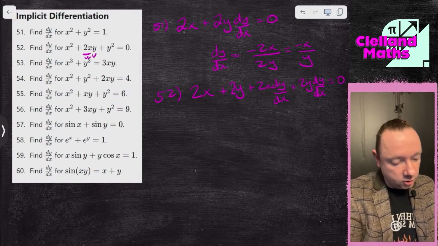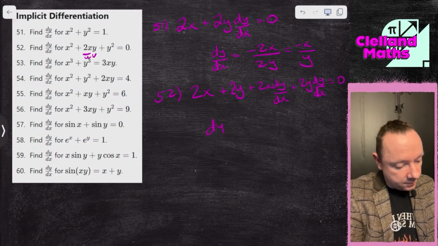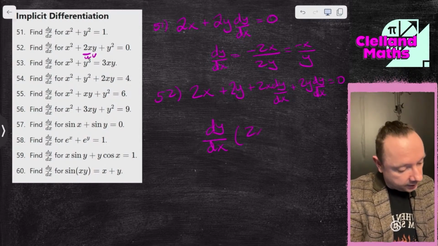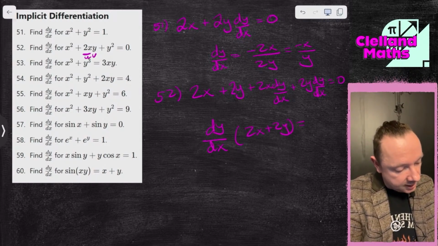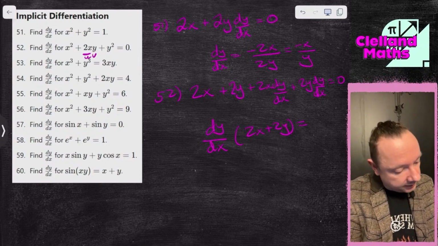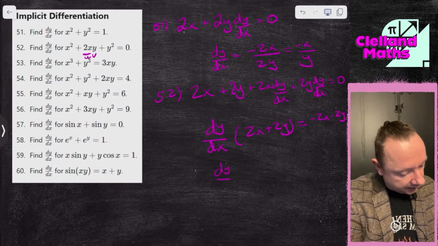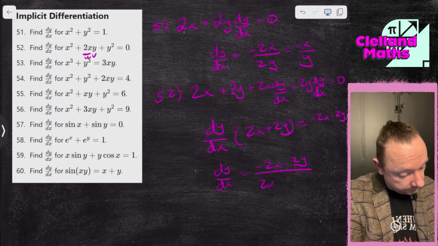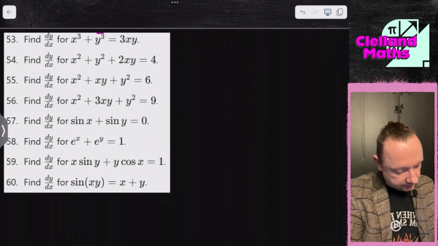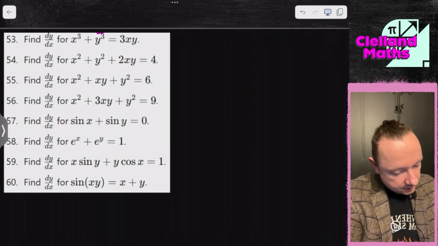So what I usually do at this stage is I just take my dy by dx and take the common factor of that to get 2x plus 2y on the left, and move everything else that hasn't got a dy by dx to the right. So that's minus 2x minus 2y. And then just divide. The dy by dx is minus 2x minus 2y over 2x plus 2y, which we can tidy up, of course.